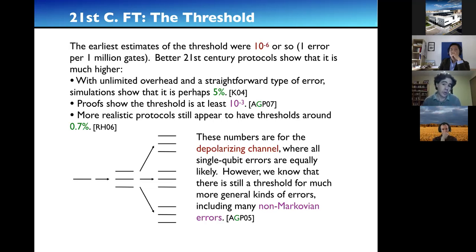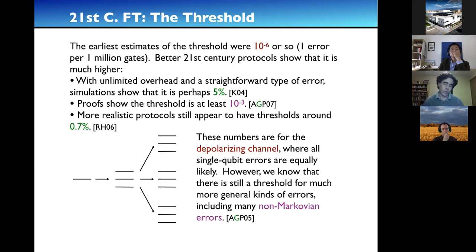And that's pretty low, not maybe totally unachievable, but it would be a very high bar for the experimentalists to clear, or maybe a very low bar would be a better way of saying it, since it's a low error rate. But improved protocols developed in the 21st century show that that's not right, that was just the first estimate, and we can actually do much better than that.